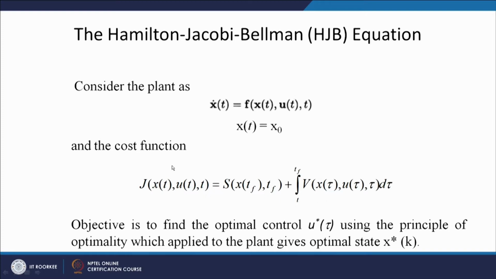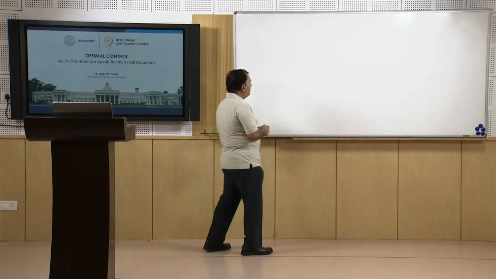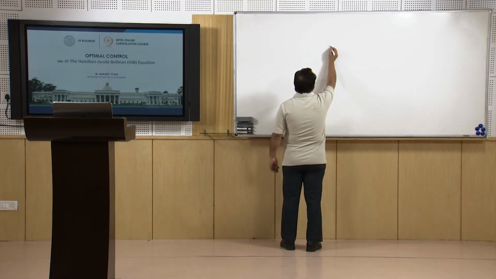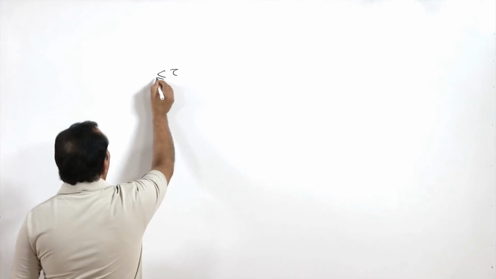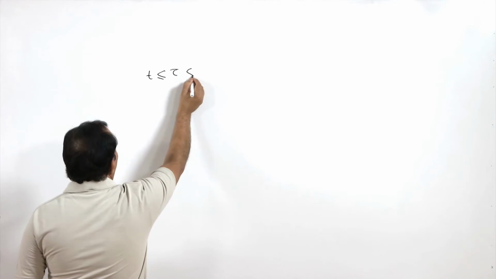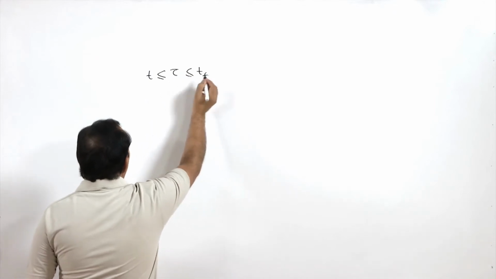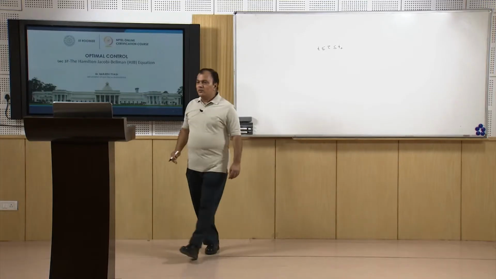Now, we define a cost function J of x t, u t, t as S of x t f, t f, which defines the terminal cost, plus the integral of V of x tau, u tau, tau d tau, where tau lies between t to t f.